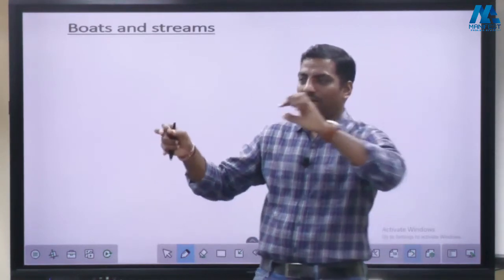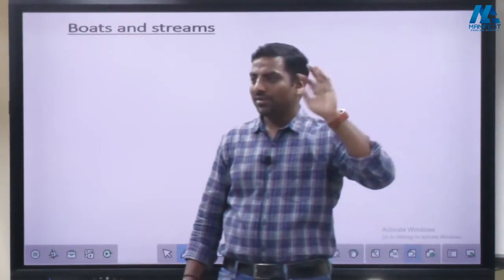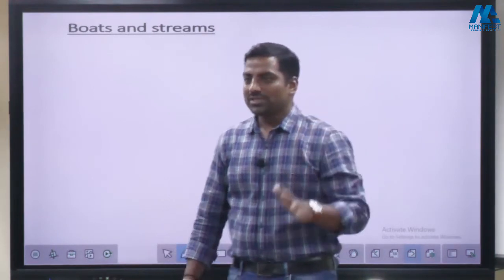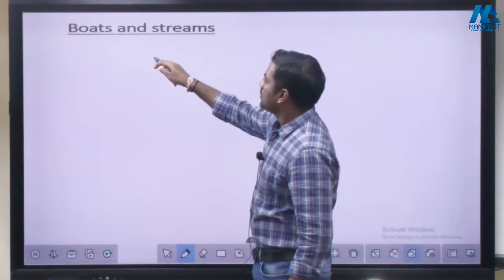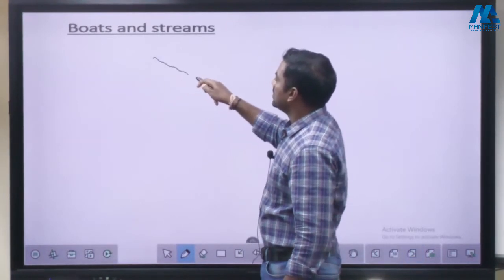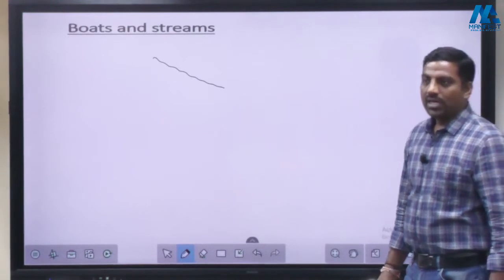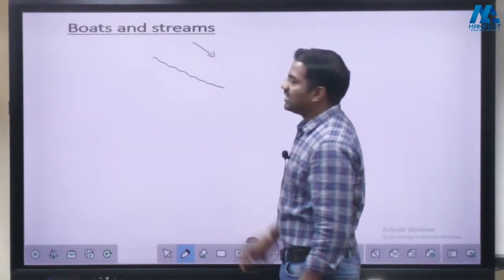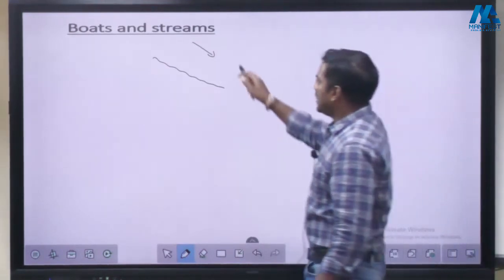Have you seen any river which is originating from the plains and going to the hilltop? No, right? That will not happen. So this stream should have a slope. So let's take, this is a stream. And when we are making the journey along with the stream, in the direction of the stream, this is called downstream.